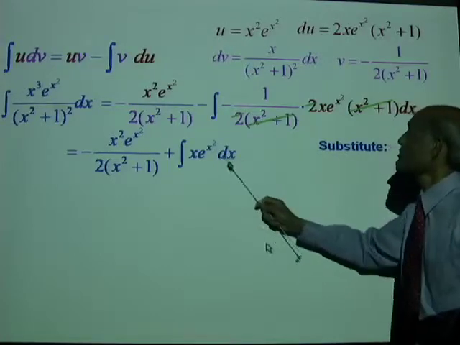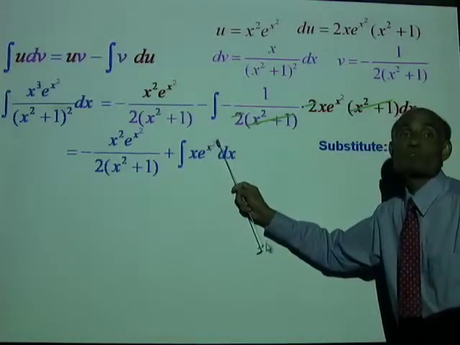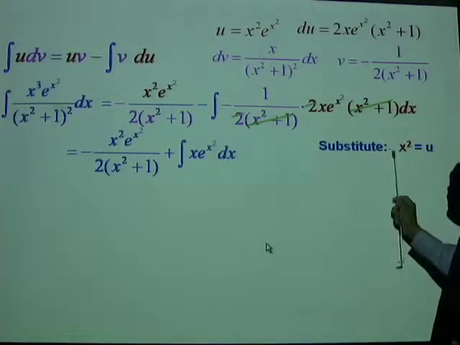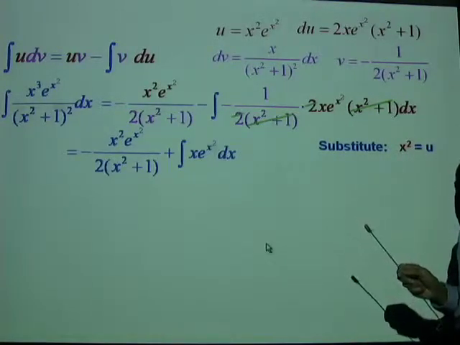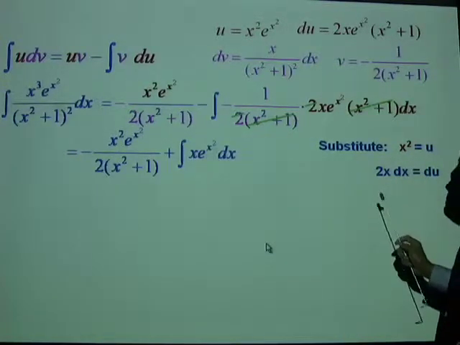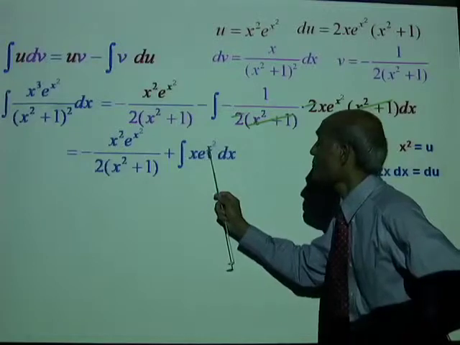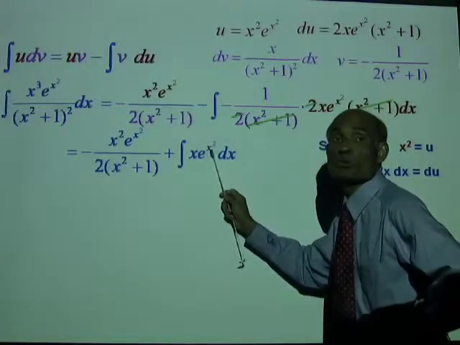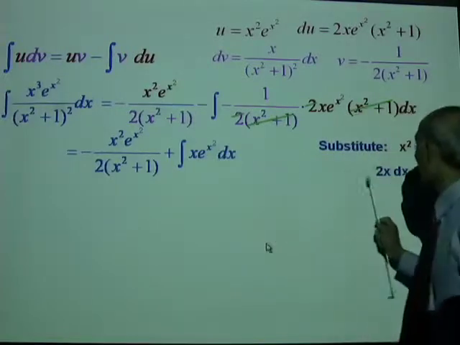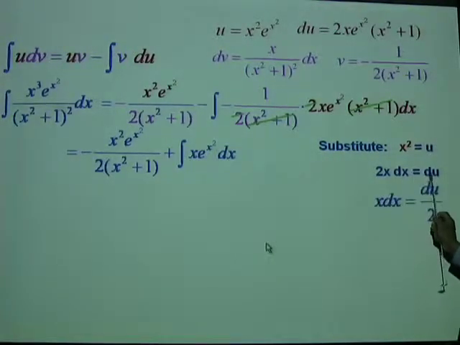So we substitute x squared equal to u and find the differential of both sides. It will give you 2x dx equal to du. Now when x squared becomes u, then what is x dx, the remaining term? x dx will be du over 2.